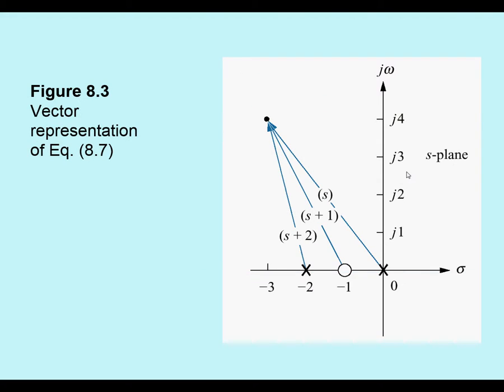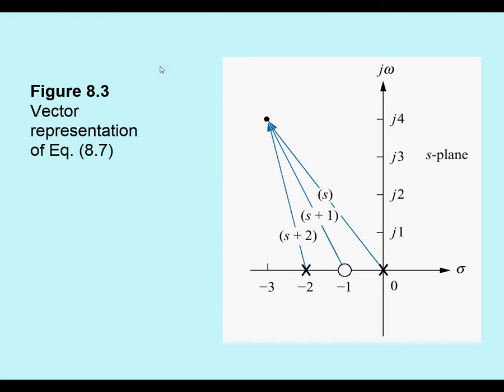So in here, you see the representation: you have one zero at 0, one pole at 0, and then you have a zero at -1, and a pole at -2. How would the transfer function of this look like?